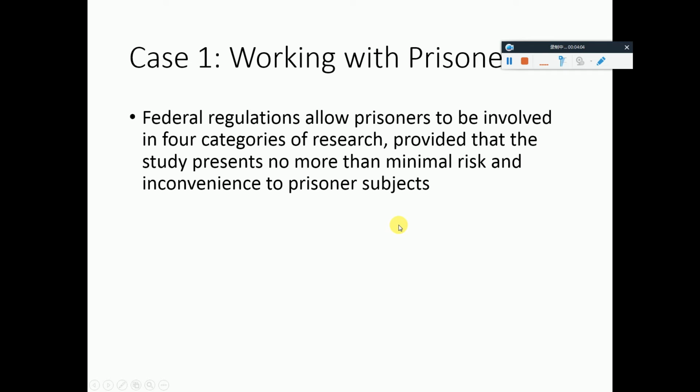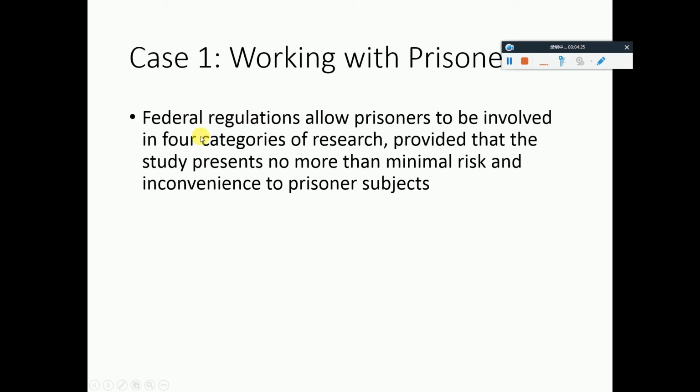In fact, federal law allows prisoners to be involved in research, but federal regulations have very strict stipulations with regard to what type of research prisoners are allowed to participate in.